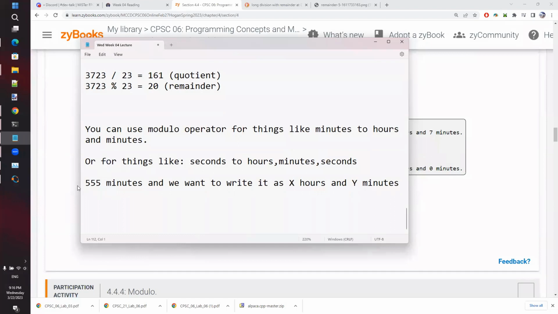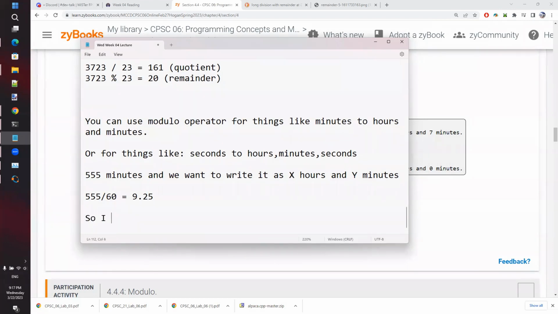And so you could obviously work this out. If I'm working this out by hand without a computer, here's what I would probably do. I would go 555 over 60, right? Because there's 60 minutes in an hour. So I grab a calculator and I go 555 over 60. And when I do that, I get 9.25. And so that tells me there's 9 hours there, right?